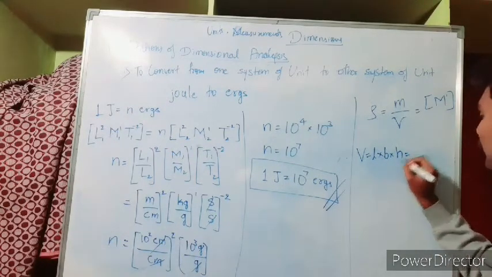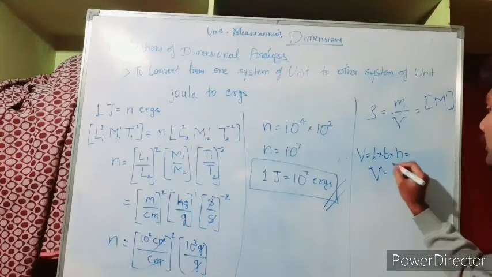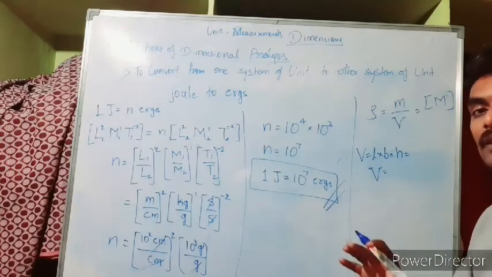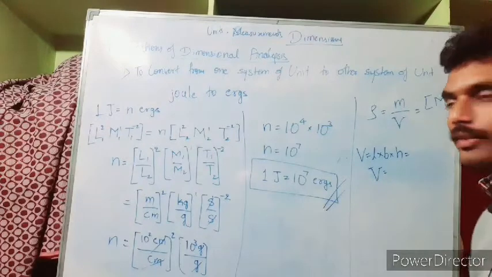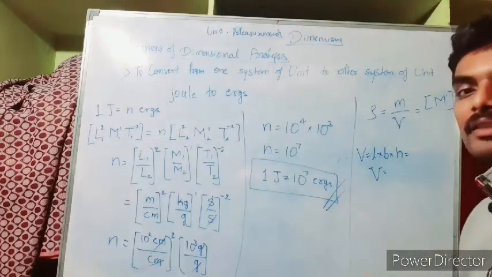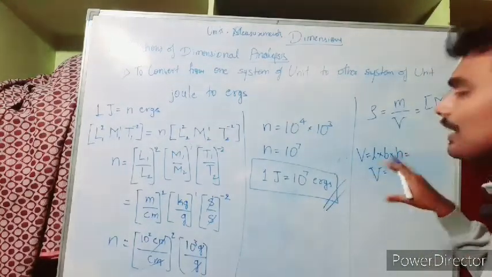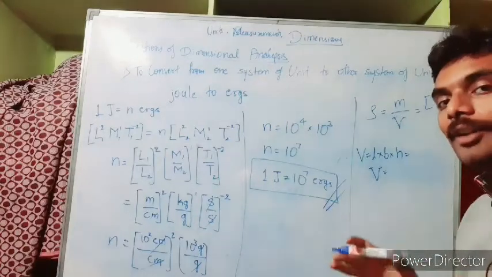When volume is equal to length into breadth into height, the dimension of volume, see, length, breadth, height are generally the quantities of length. They all belong to length itself, nothing else. Okay, we are measuring length. That's it. With different names. Breadth is also length. Height is also length. Okay, it's finally length, not mass, time, and all.